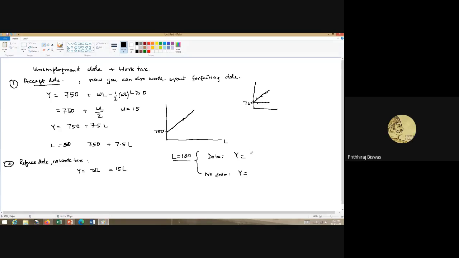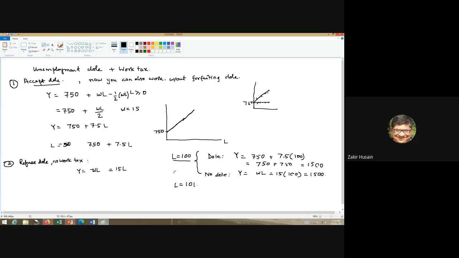Sir, if I accept the dole, then my income will be 750 plus 7.5 into 100, which is 1500, and if I do not accept the dole, there's no tax, so 15 into 100, 1500. Yes, sir.